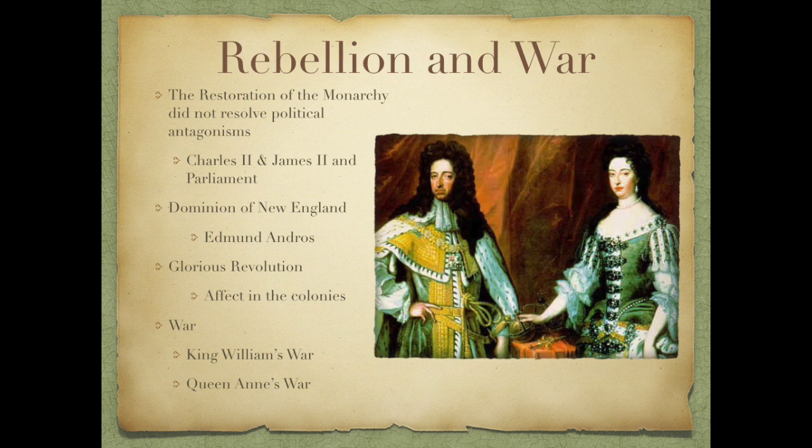In 1686, he consolidated Massachusetts, New Hampshire, Connecticut, Rhode Island, and the Plymouth colony into what became known as the Dominion of New England. A couple of years later, he also added New York and New Jersey to that Dominion of New England. He abolished all colonial governments as they existed and appointed a single governor by the name of Edmund Andros to oversee the entire area.